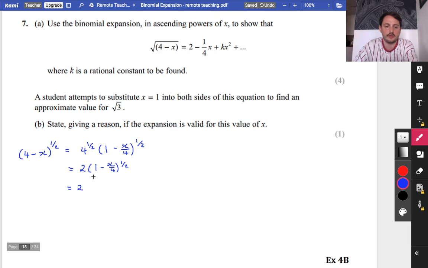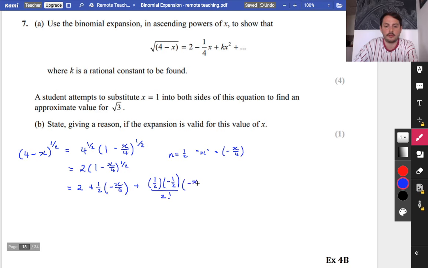So I've got 2. Now in this particular binomial I'm doing, n is a half and my x term is minus x over 4. So it's 1 plus nx, and then you want me to go up to x squared here, plus n(n minus 1) over 2 factorial x squared.